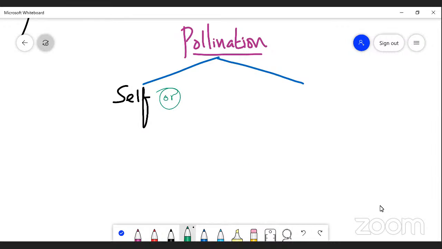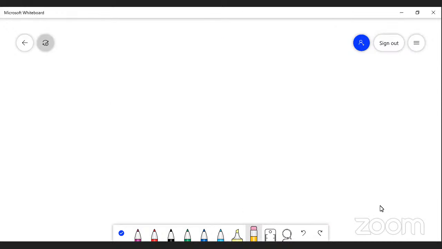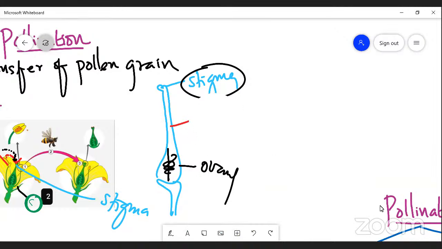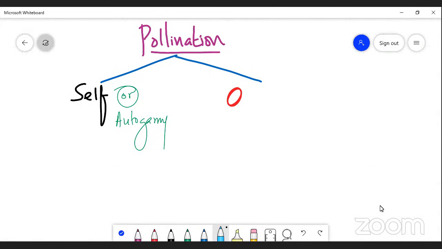The second one is cross-pollination. Cross-pollination is also known as allogamy.